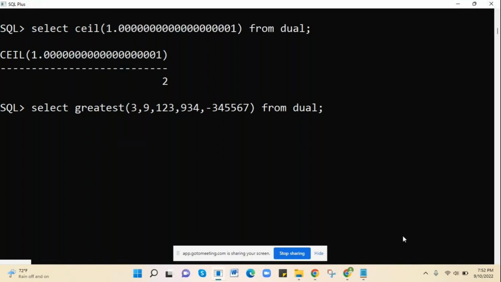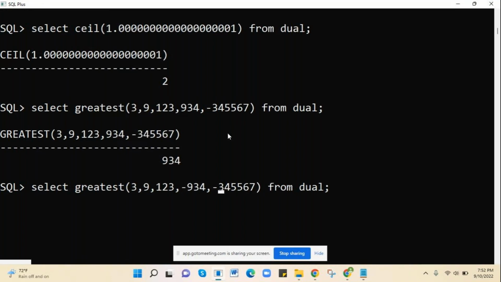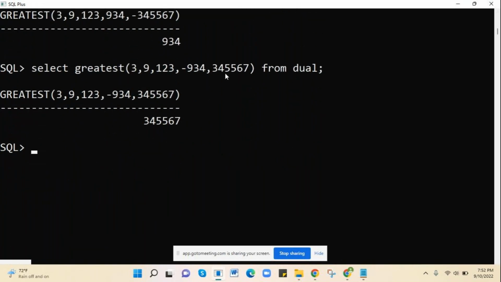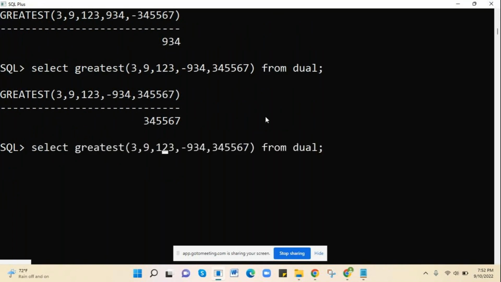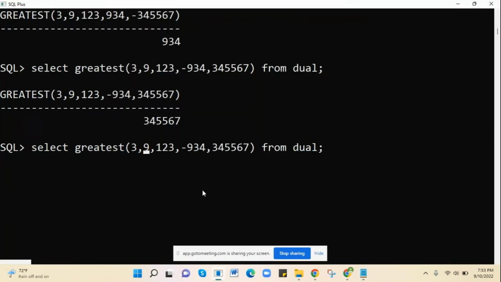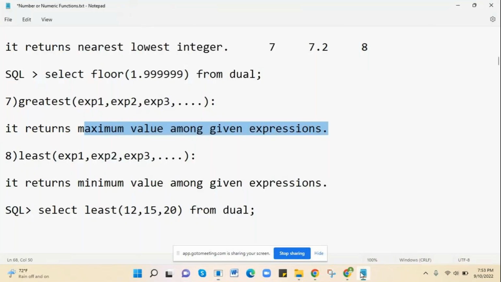What is the greatest value, amma? 934. ఓకే, ఇప్పుడు దీనికి మైనస్ 3 ఉందమ్మా. ఓకే, గ్రేటెస్ట్ ఉంది. నెక్స్ట్ వచ్చేసి లీస్ట్ ఉంది మనకి ఇంకోటి. లీస్ట్ అంటే మినిమం వాల్యూ, చిన్న వాల్యూ, -934 అలా. ఓకేనా? సో గ్రేటెస్ట్ అండ్ లీస్ట్.